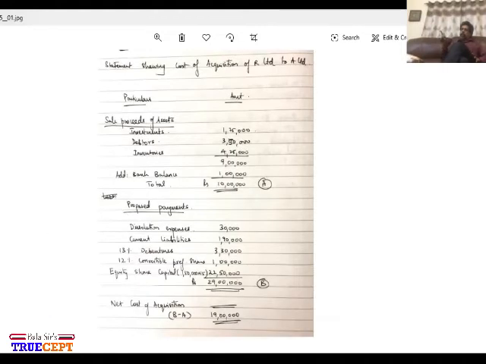Now we'll go through the cost of acquisition. The first step will be to put all the inflows that are going to come in at time 0. That is the sale of unrequired assets. You have the sale of investments, the sale of inventory, the sale of debtors. Apart from these 3 items, you have to consider even the cash on the balance sheet of R Limited.